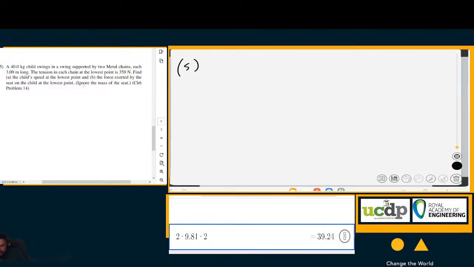Okay, now this is the seat. Let's say this is the seat of the swing. There are two forces on this. They need to find A, the child's speed, and B, the force exerted. So the force diagram is like this. There will be tension in each of these chains because the chains are each exactly the same length.